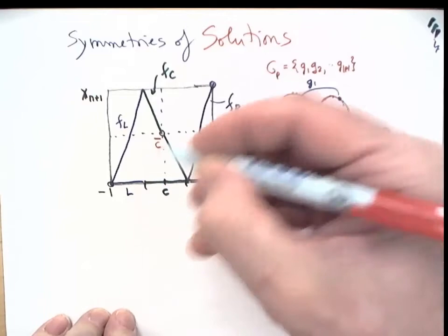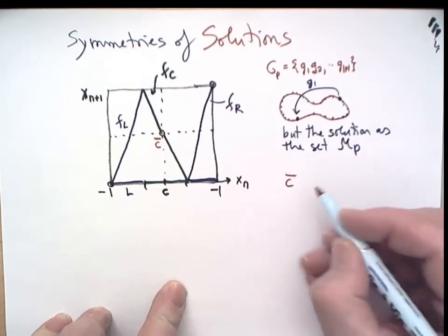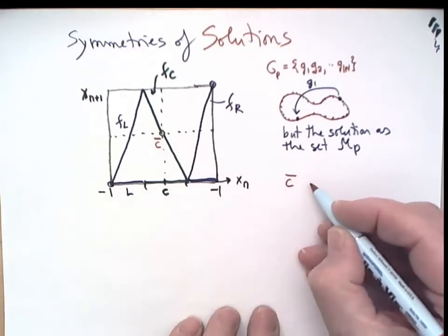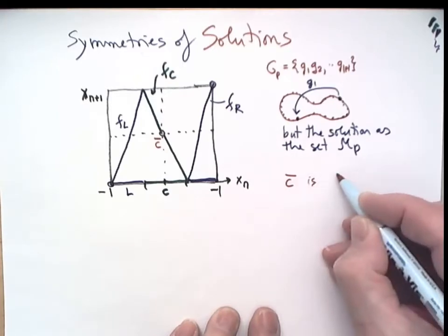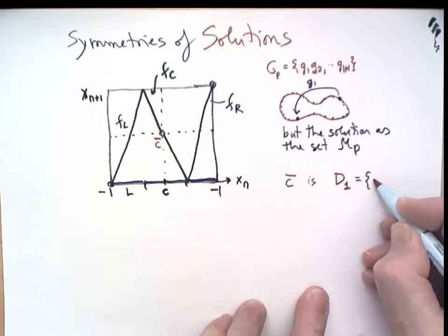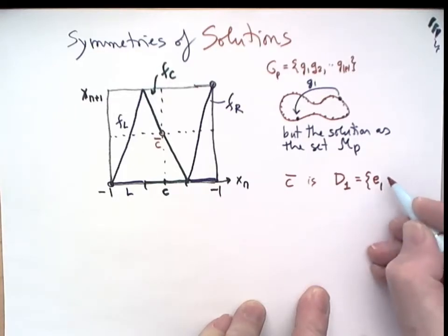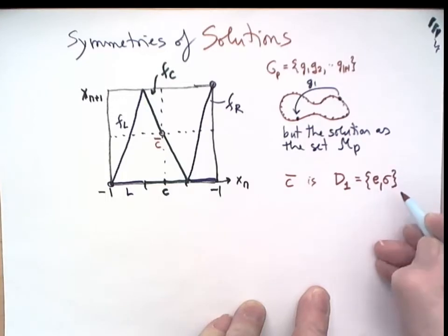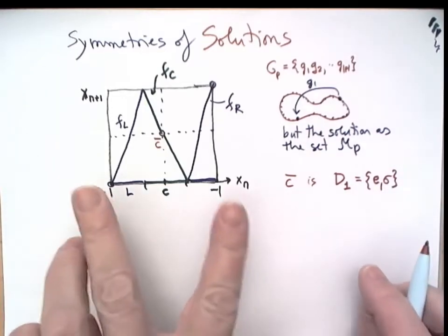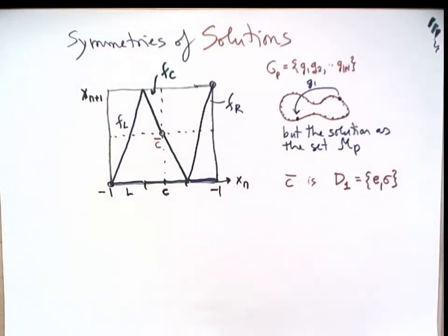So this fixed point belongs to the interval C. We'll denote it with C overbar, saying that if you iterate and iterate, you stay in C. So it's an infinite sequence of C's in dynamics, if you label this interval by the letter C. And C is a fixed point of the group action, because the symmetry group is the dihedral group D_1, meaning it just consists of the identity element and the flip that sends the positive part of the axis into the negative part of the axis.